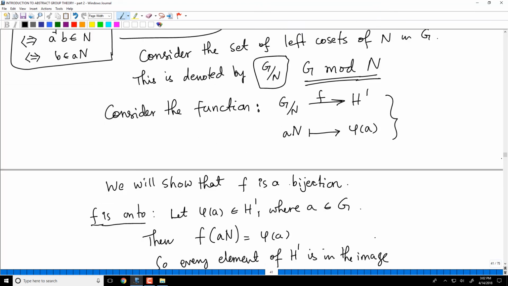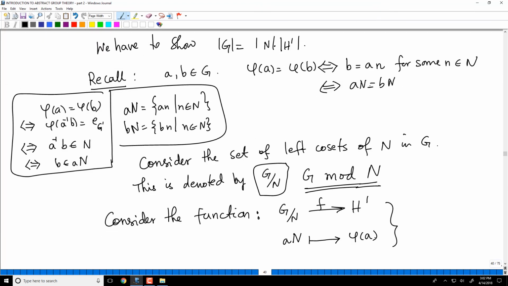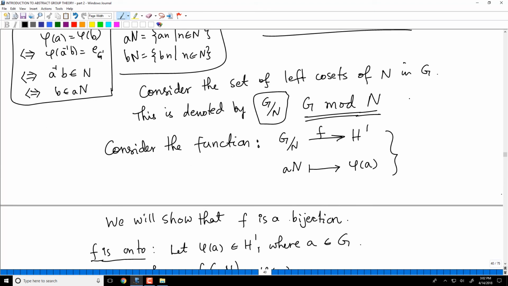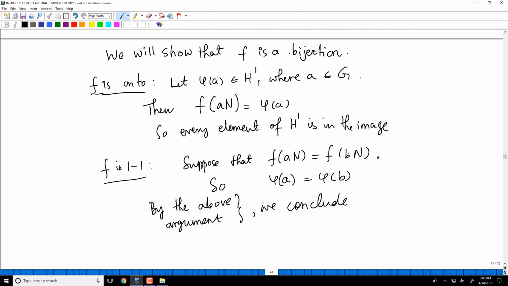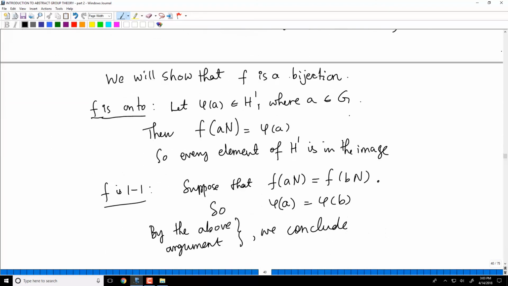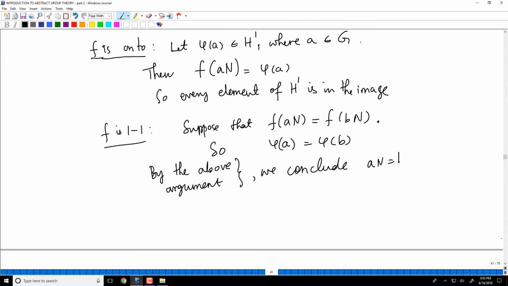And then I have checked earlier that if phi a equals phi b, aN equals bN. By the above argument, we conclude that phi a equals phi b implies aN equals bN. So we have concluded that f is 1-1 also.